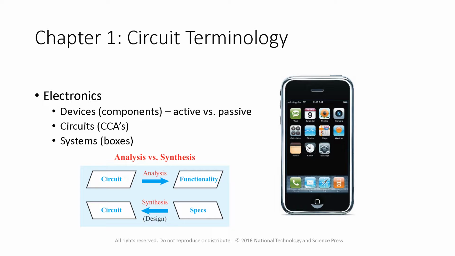So a circuit then, which we also in the mechanical engineering world call a CCA, or circuit card assembly. Circuits are a collection of different devices and components, a collection of different resistors and capacitors and other little components that you might have in order to do something. So an iPhone, for instance, has a circuit to control the microphone. There's a circuit in there to control the screen.